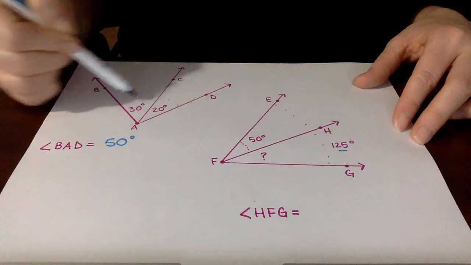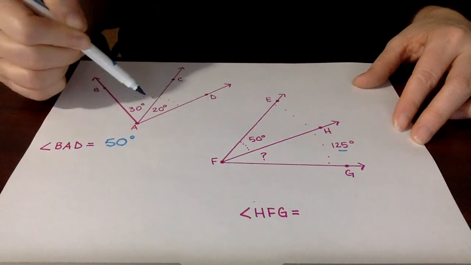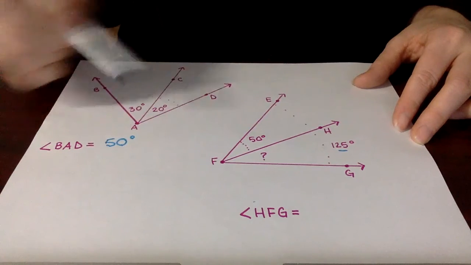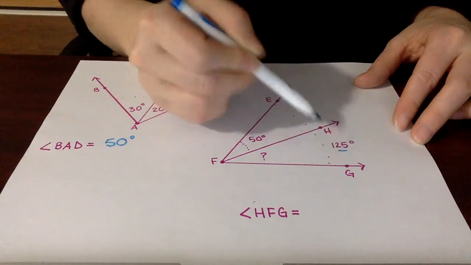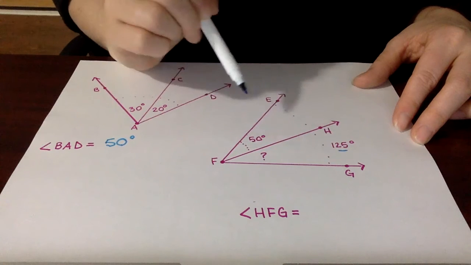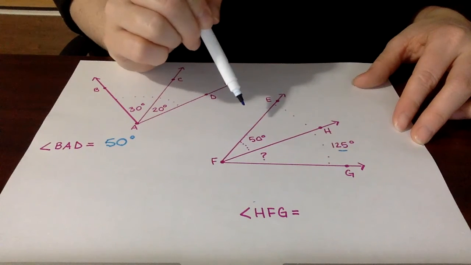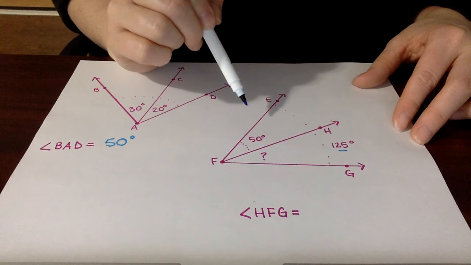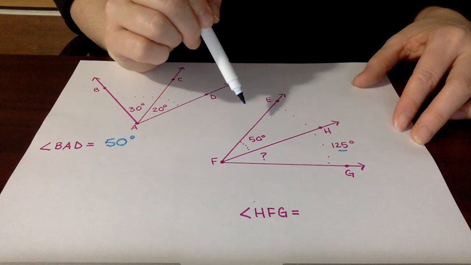It's sort of the opposite of what we're doing up here, right? We had both angles and added them together to find the whole. Here we have the whole of these two angles put together, and we have a piece. So we're going to take 125 and subtract 50. You're doing that math on your calculators right now, right?